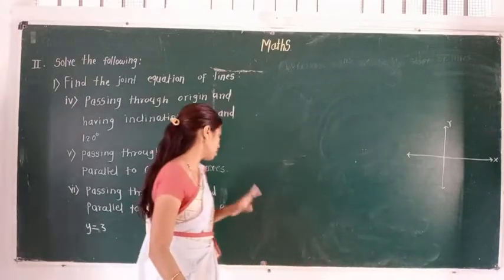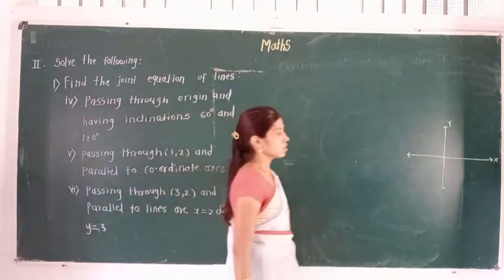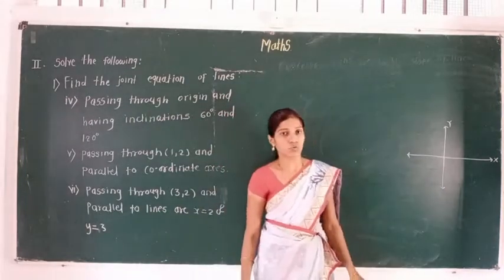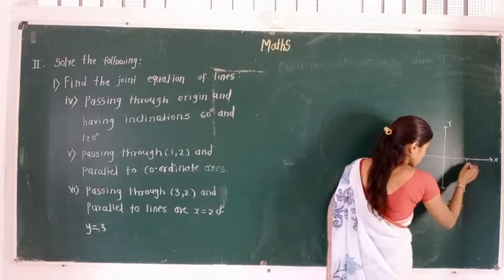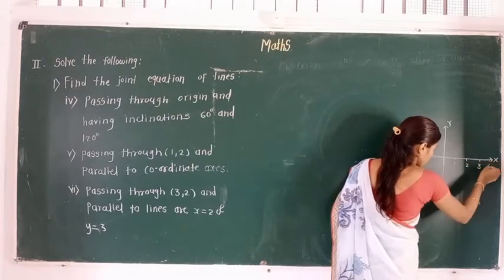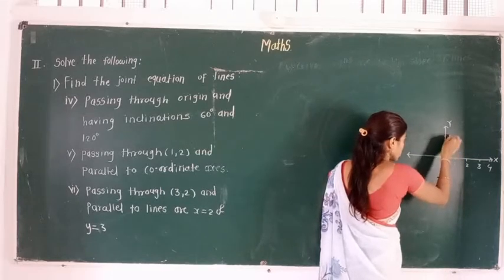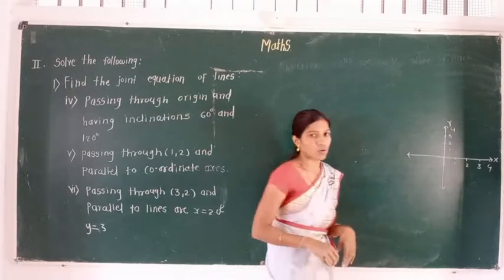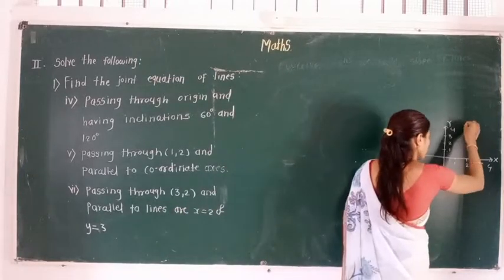Now first we draw the line x is equal to 2. We know that the line x is equal to 2 is parallel to the y-axis. So take the points 1, 2, 3, 4 on each axis.